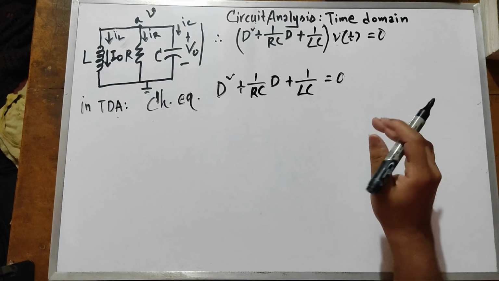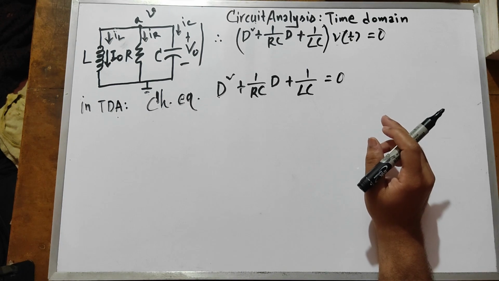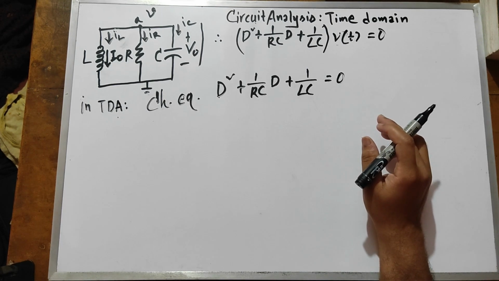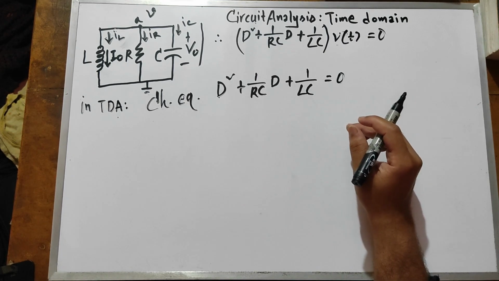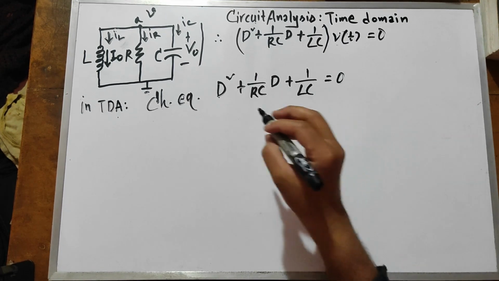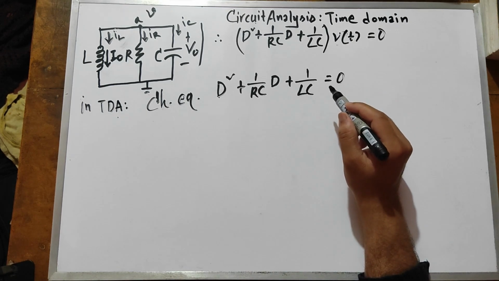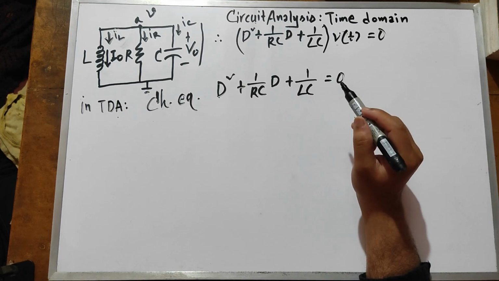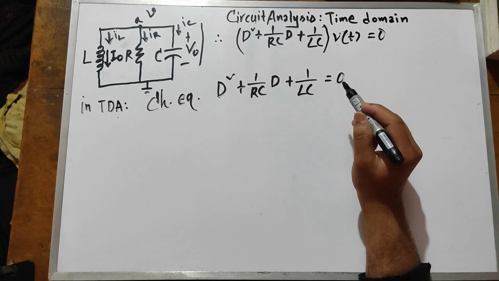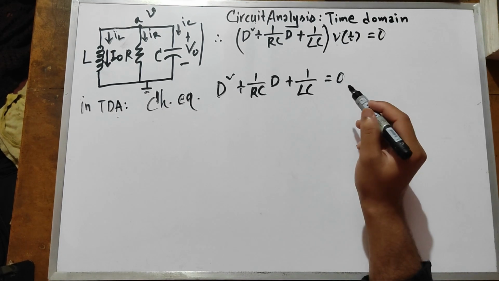So this is the characteristic equation of the LTI system, the parallel RLC circuit. In mathematical terms, this is also called the auxiliary equation. Now this looks like a second order polynomial, so I'm gonna straight use the formula for finding the roots of a second order polynomial, or the quadratic roots.